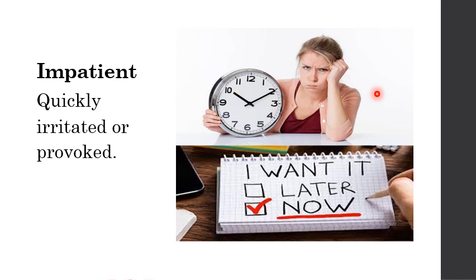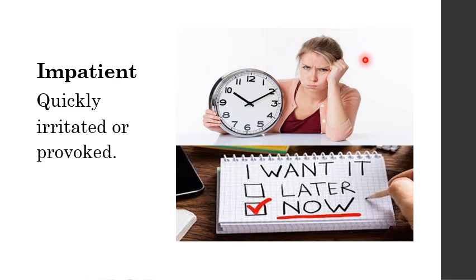You will get easily irritated. When someone bullies you, when someone is annoying you, you are easily provoked. So that is an impatient person. You always want to be in a hurry.